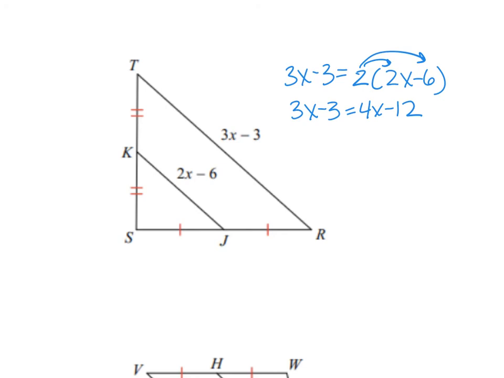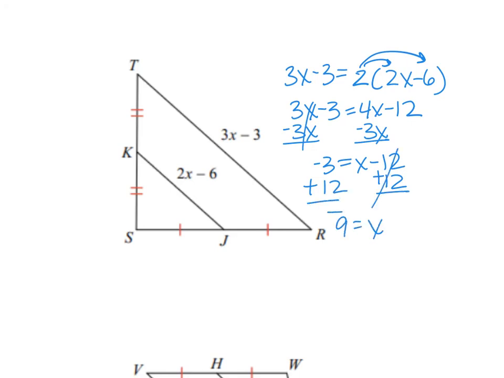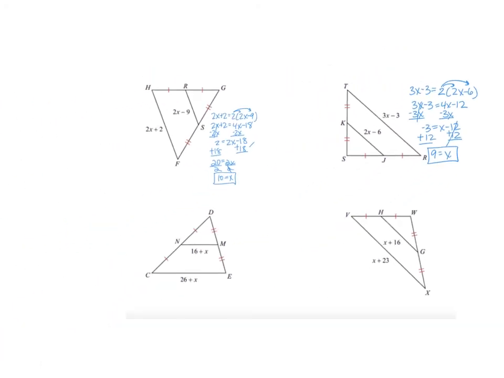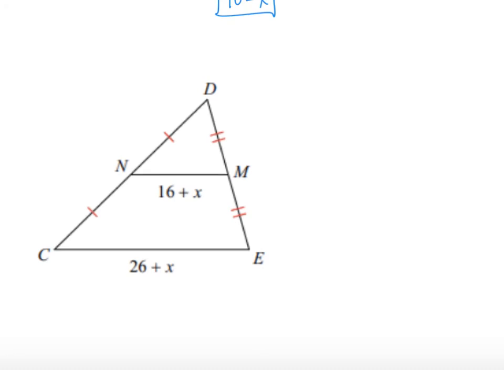And then solve from here. Subtract 3x from both sides. And 9 equals x. And then we just have 2 more left.